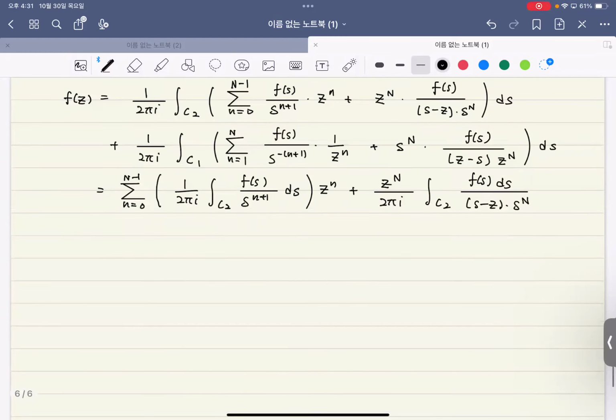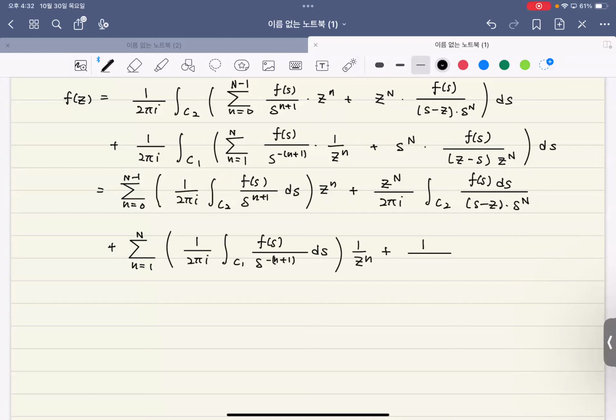Okay, and I have this one, and plus, from n to n, 2 pi i times the integral over C1 of f(s) over s^(n plus 1) ds times 1 over z^n, plus 2 pi i times z.